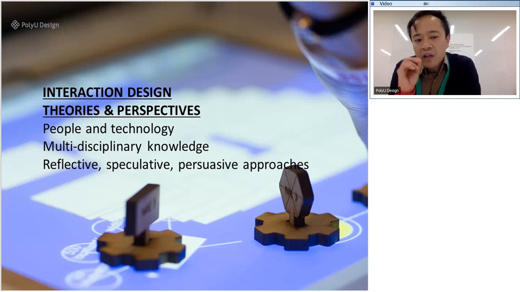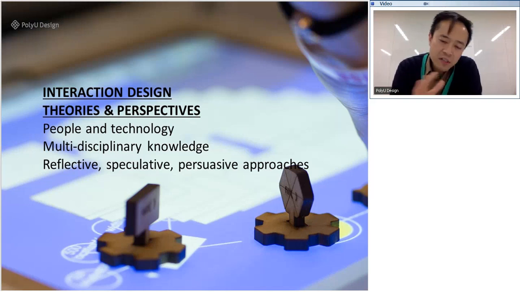We believe in the relationship between people and technology. Of course, we always put people center stage. And we all know that people are subjects with multiple disciplines, multiple backgrounds, multiple areas of knowledge.